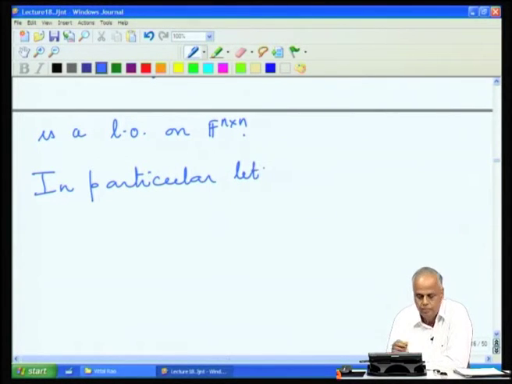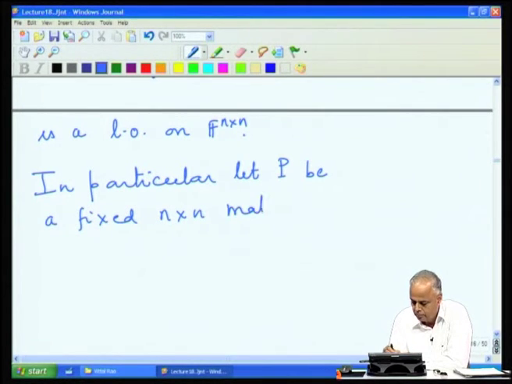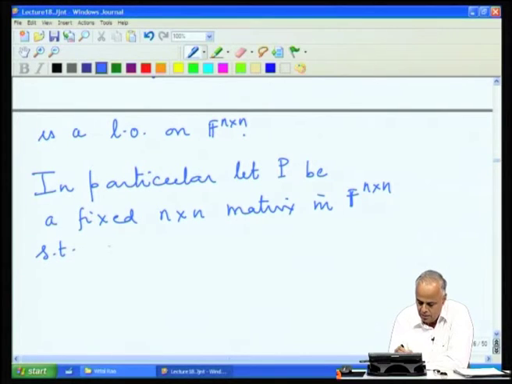In particular, let P be a fixed n by n matrix in Fn cross n such that its inverse exists, P inverse exists.